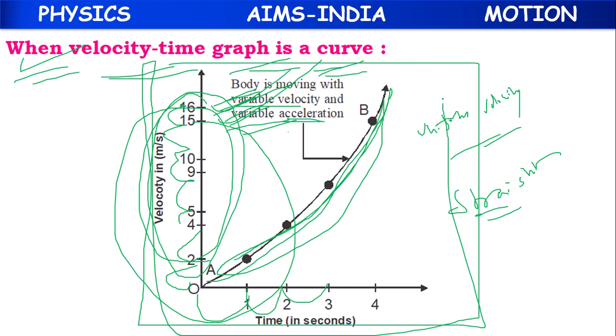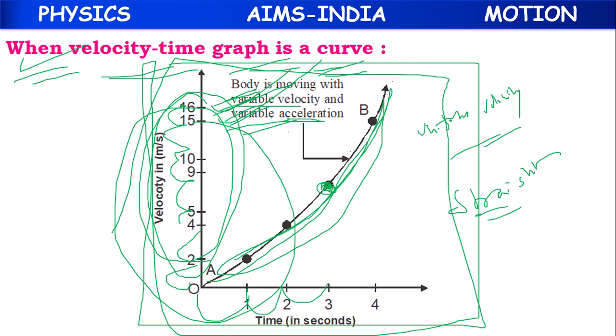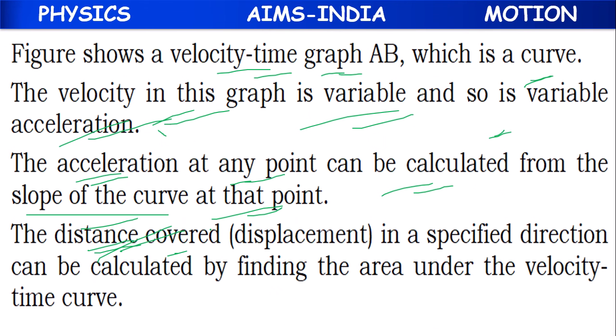For the entire body, acceleration will not be same. At different points, different acceleration will be there. So at what point we need acceleration, at that point we have to find. So slope at that point will give the acceleration. So the distance covered or displacement is also calculated by finding the area of velocity time curve.